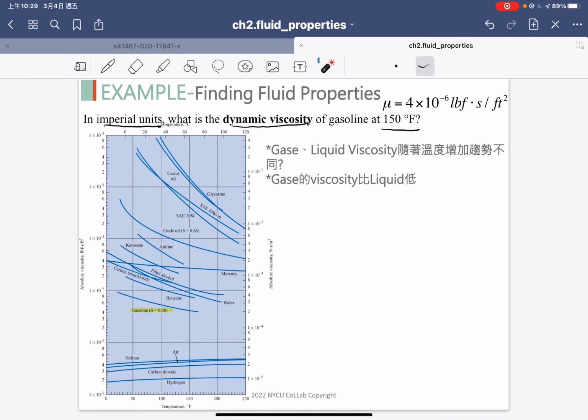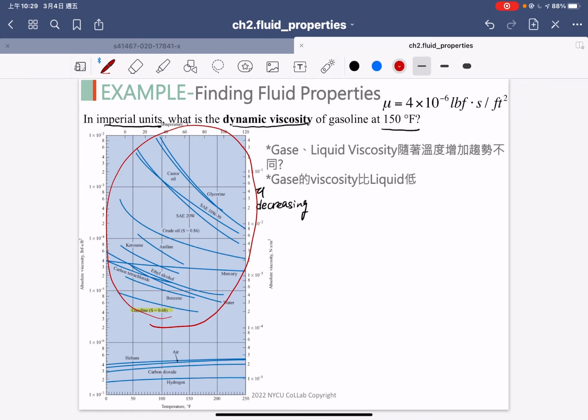The viscosity decreases. The mu decreases when the temperature increases for this part.